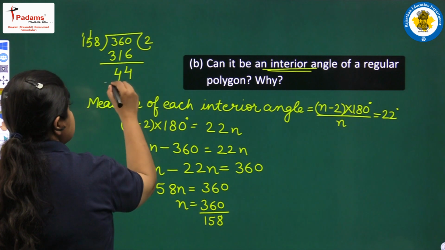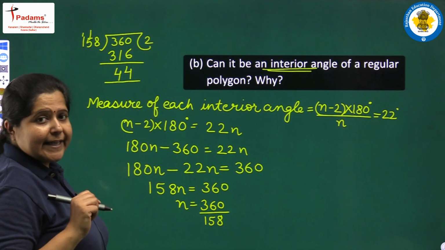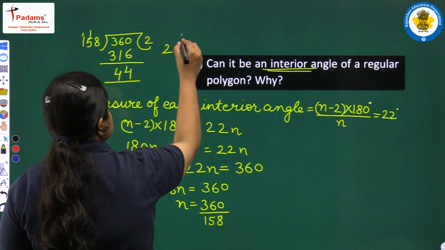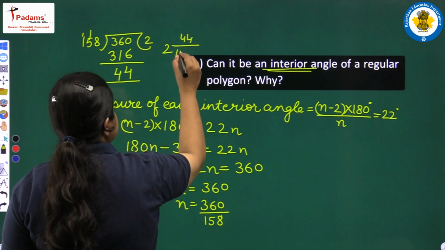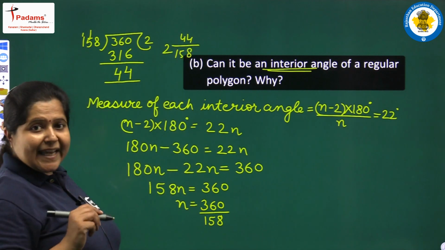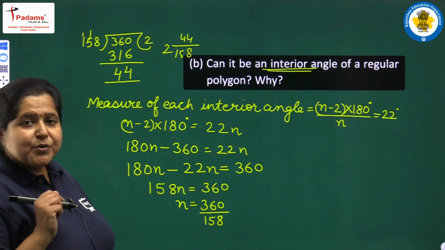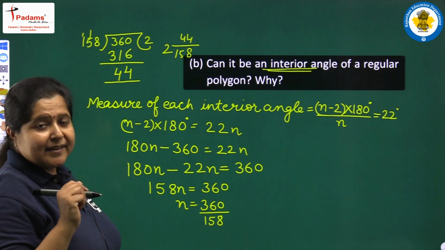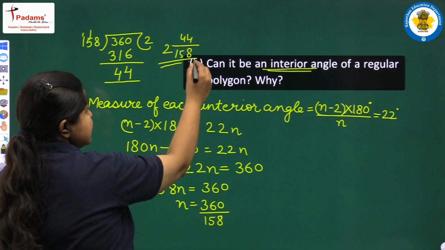Now we will have to take a point, or we can say again it is 44 by 158. Again it is not coming out to be a whole number. The answer is in fractions.